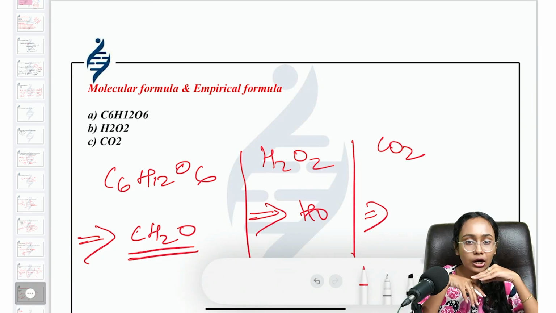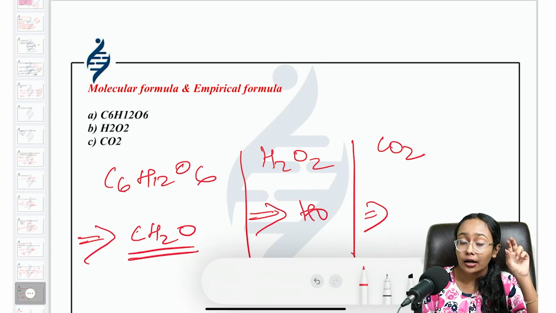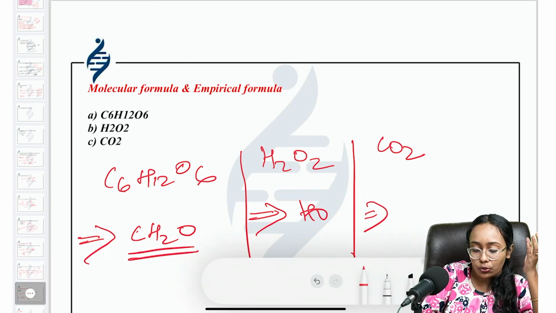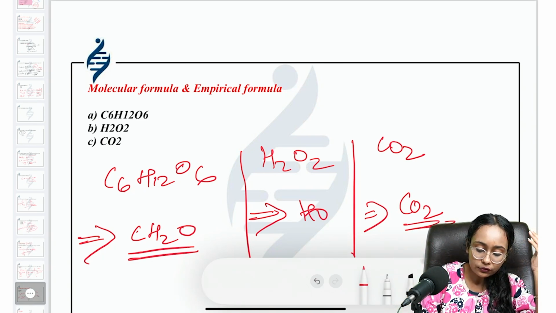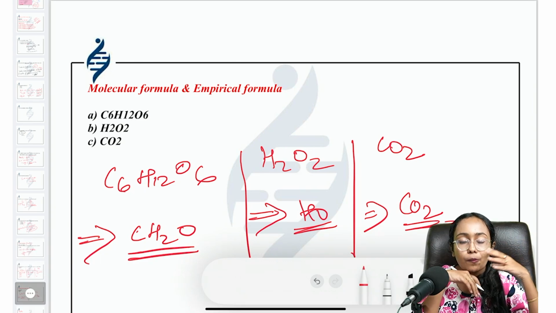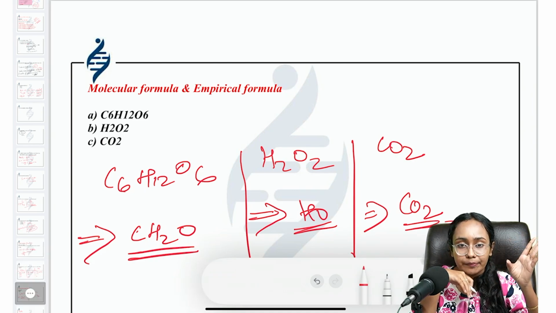No, it's not. So the empirical formula and molecular formula of carbon dioxide are the same, CO2 itself. There are some compounds having this property, where molecular formula and empirical formula are the same. CO2 is one such compound.